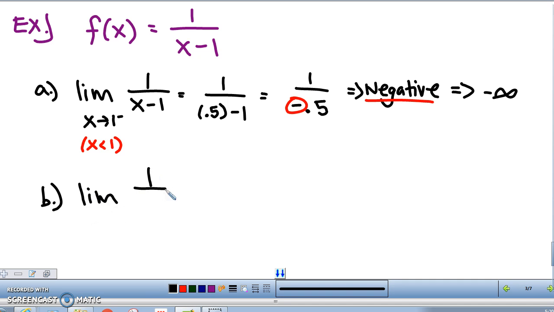Same thing with finding the limit of 1 over x minus 1 as x approaches 1 from the positive side. Once again, we know that this has a vertical asymptote when x equals 1. Now we just want to check, does it go to positive infinity or negative infinity? So pick values that are greater than 1.